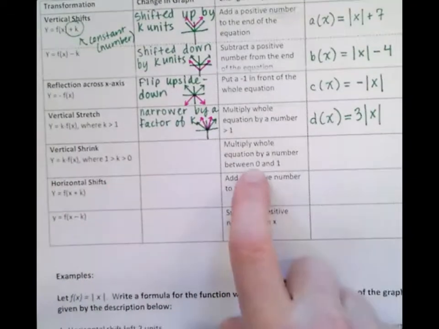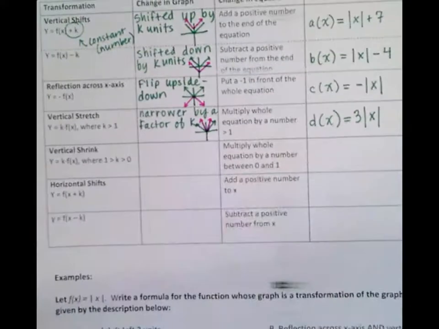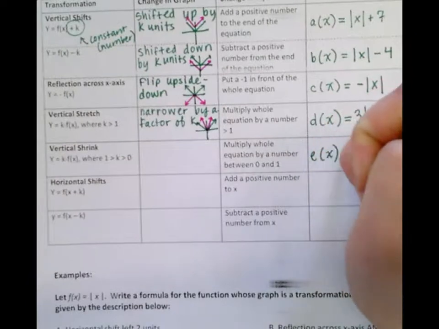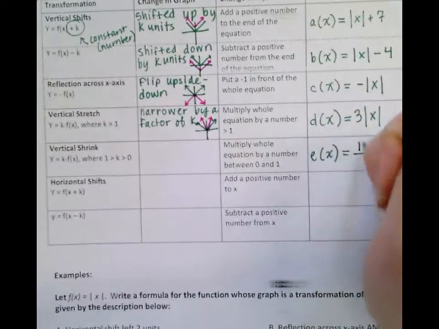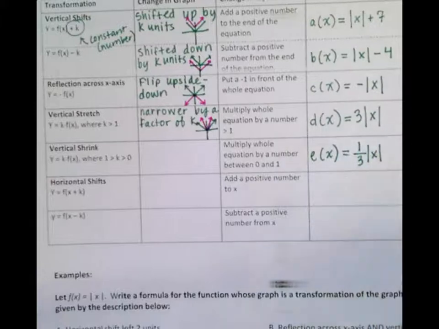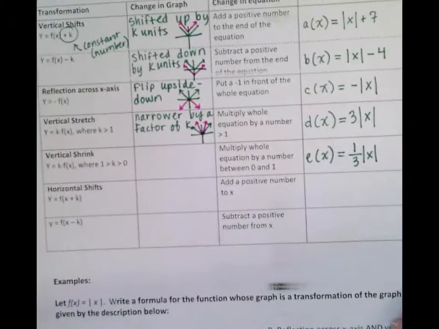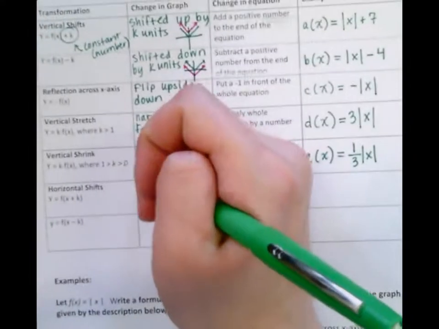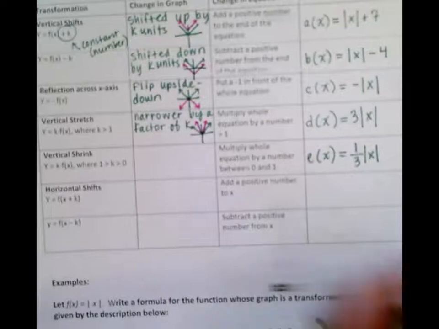Okay, so under our change in the equation, I multiply the whole equation by a number between 0 and 1. So that might look something like, if I did 1/3 times absolute value of x, or I could do 0.3 or 0.2 or something like that. It could be a decimal as well. And now this is going to make my graph wider, or it's going to give me a less steep slope.